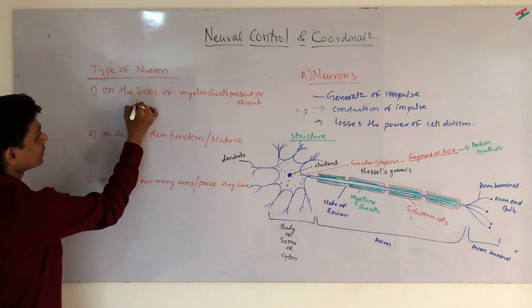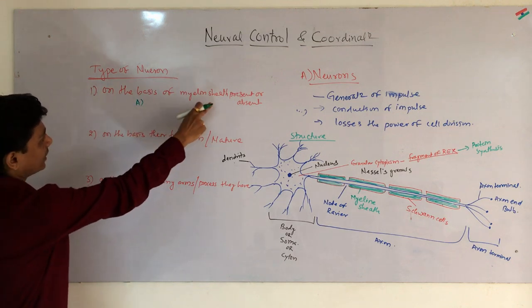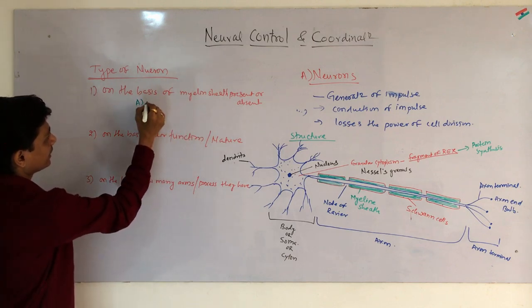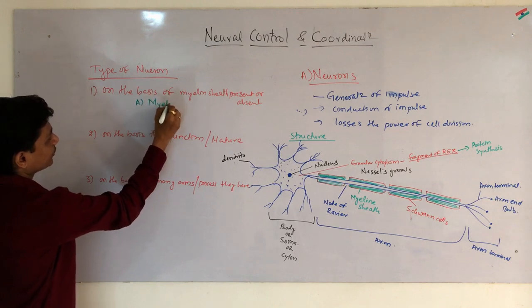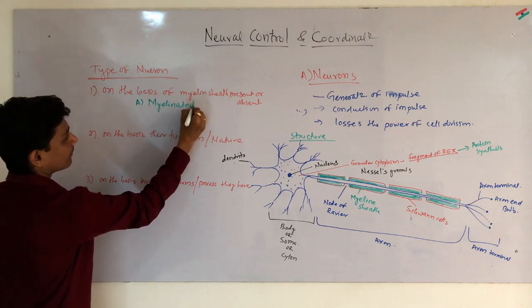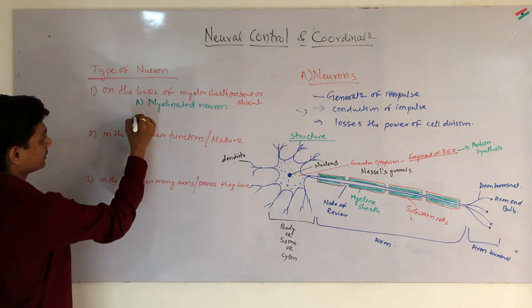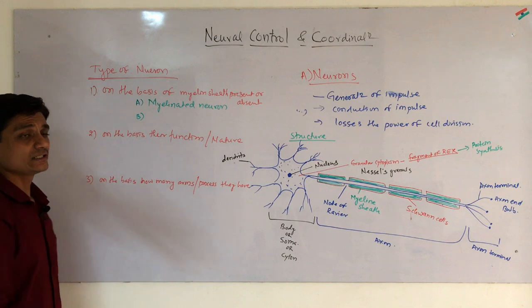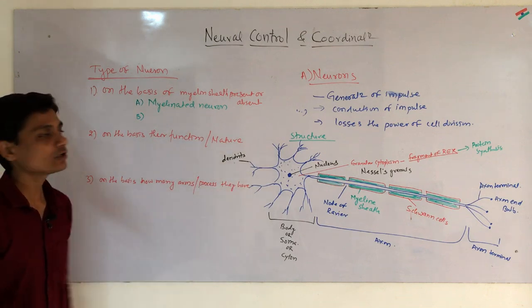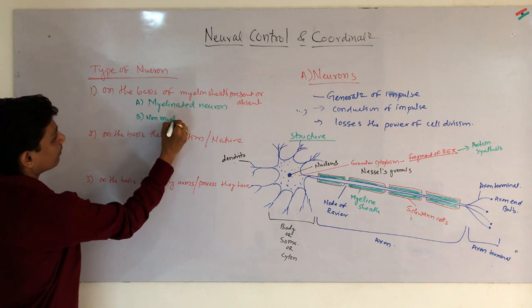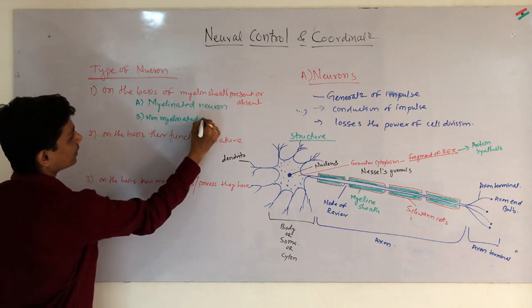They are of two types. One, if myelin sheath is present, then that neuron is known as myelinated neuron. And second, if myelin sheath is not present over the axon, then it is known as non-myelinated neuron.